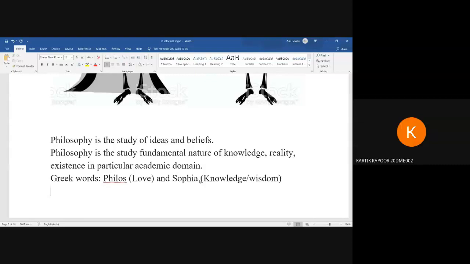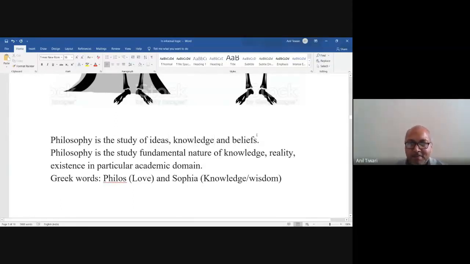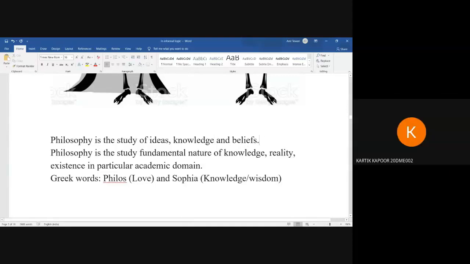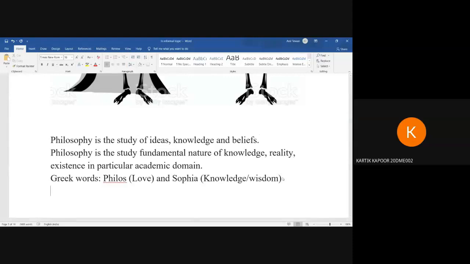Basically, it is a study of knowledge, experience, ideas, beliefs. Okay, then I don't have to write a separate sentence. I can add here: it is the study of ideas, knowledge, beliefs. Okay. Anything else you want to add? Nothing, sir. Anyone else?